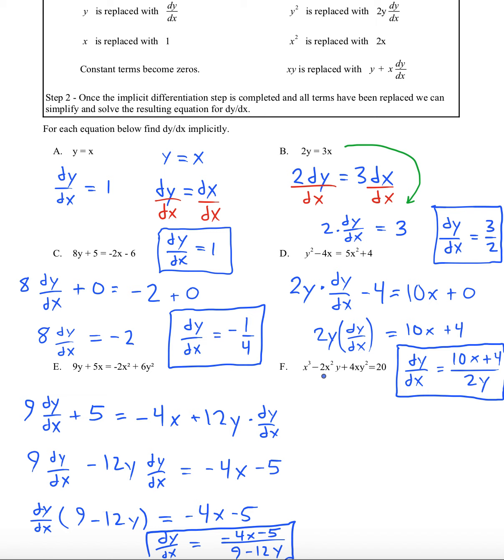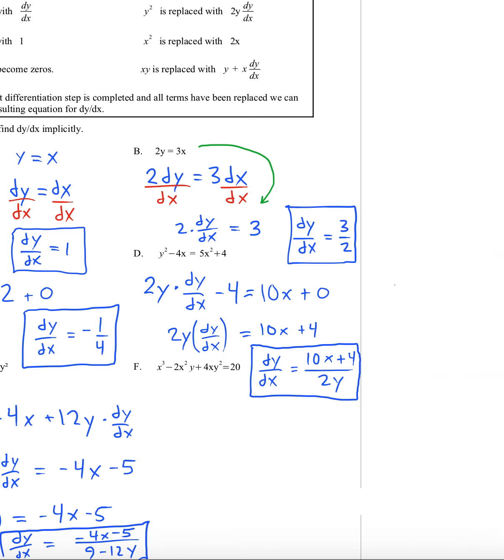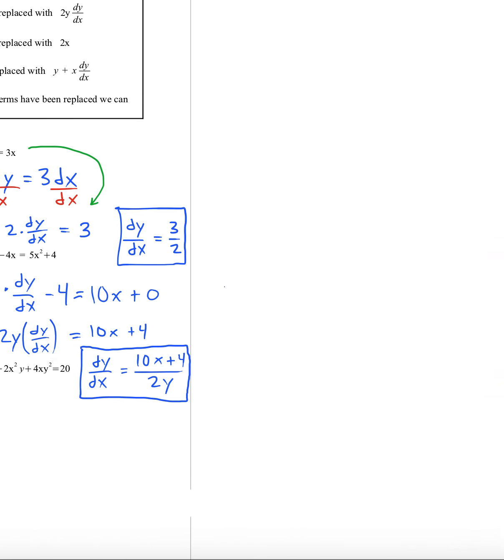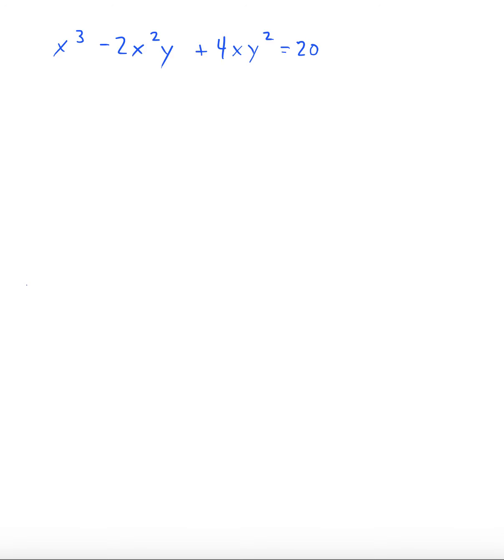All right, for this last one, I'll do it on a new page. So with this one, we see that we're going to have to use product rule in a couple places. Derivative of x cubed is going to be 3x squared.